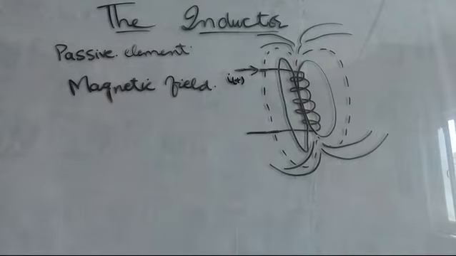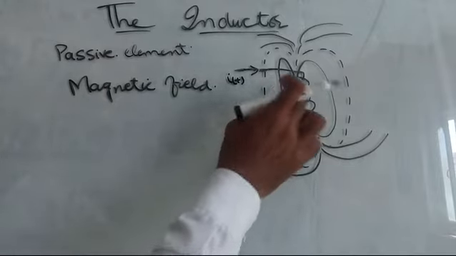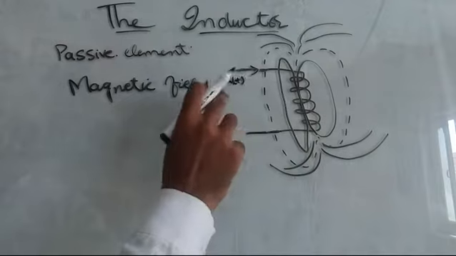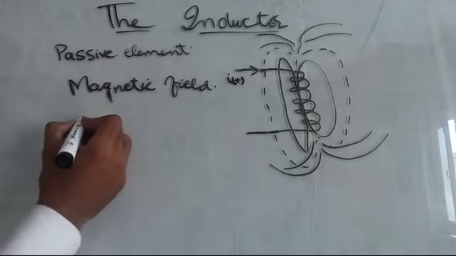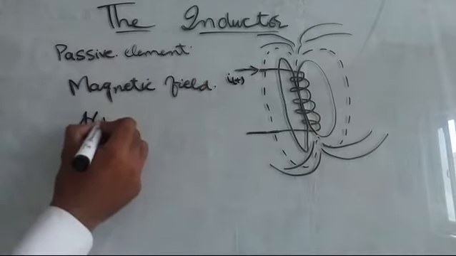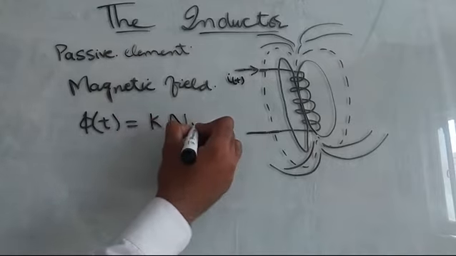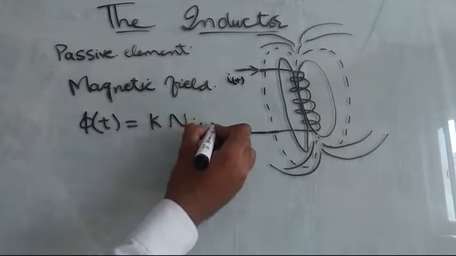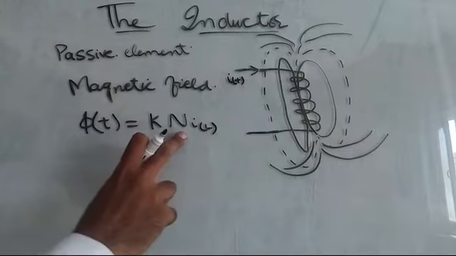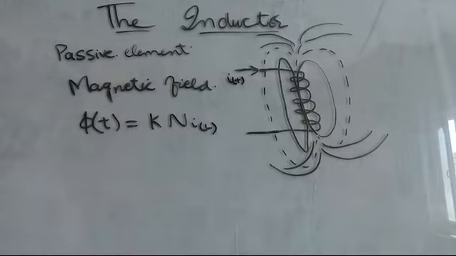So this flux will depend on the number of loops, the number of turns, and the amount of current. So the total flux is equal to K times N I L, where N is the number of turns, I is the current flowing through these turns, and K is the proportionality constant.